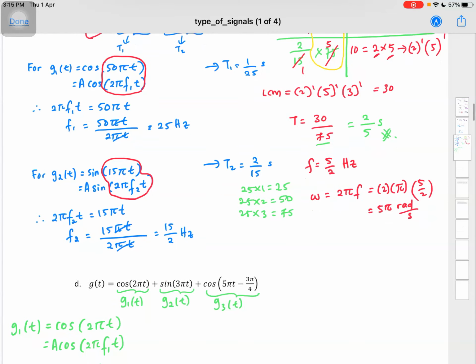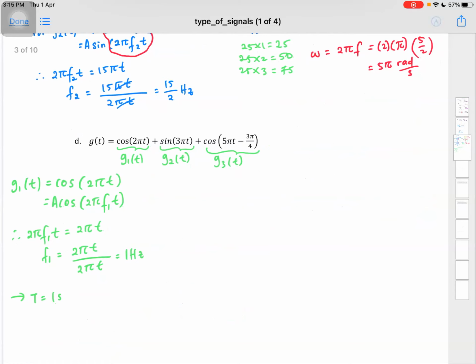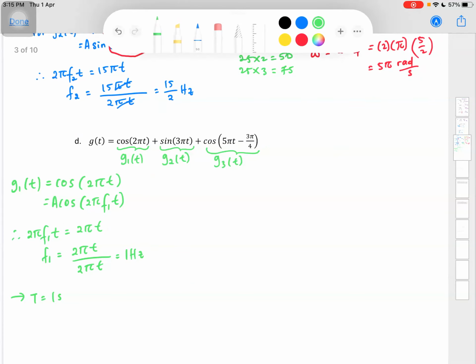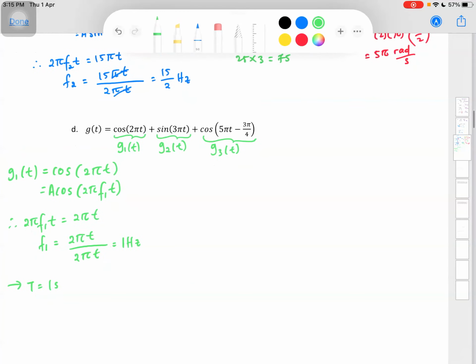Okay, now let's continue with this one. For g2 of t, we have sine 3 pi t, then we make it equals to a sine 2 pi, let's call it f2, so that we can calculate for f2.